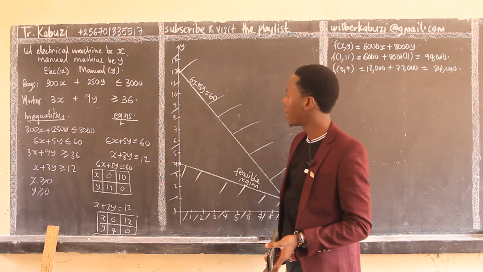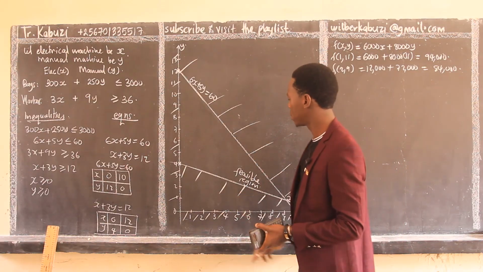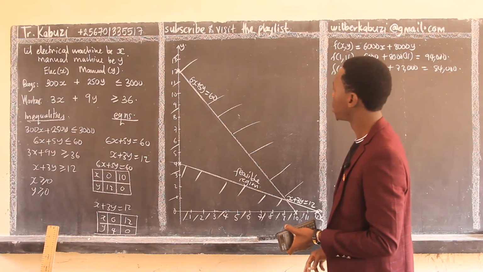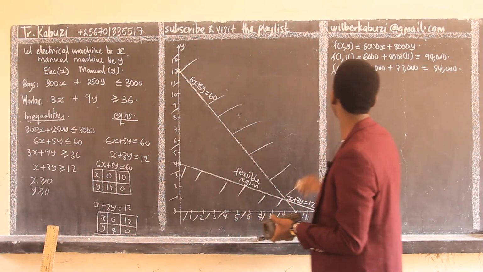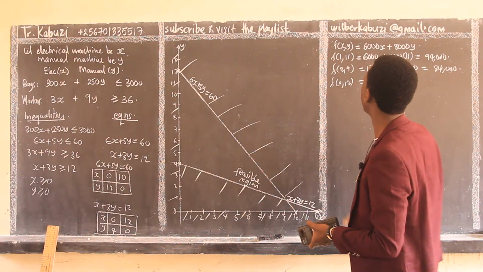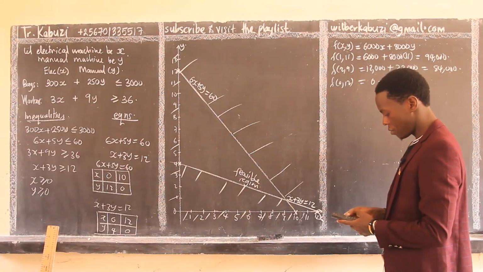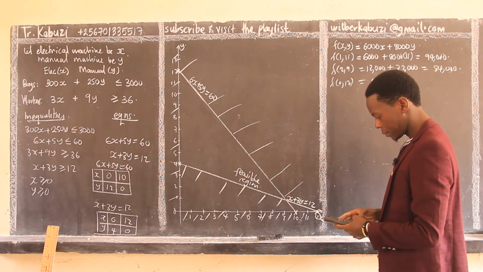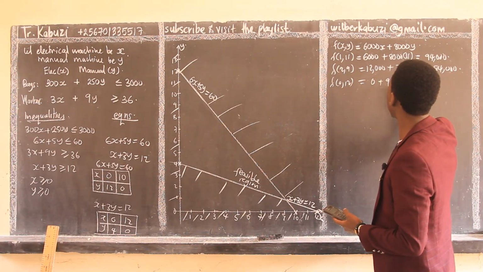Yeah, what about 12, 0? If I have 0, 12, that means I get 0 plus 8 times 12, that is 96,000.